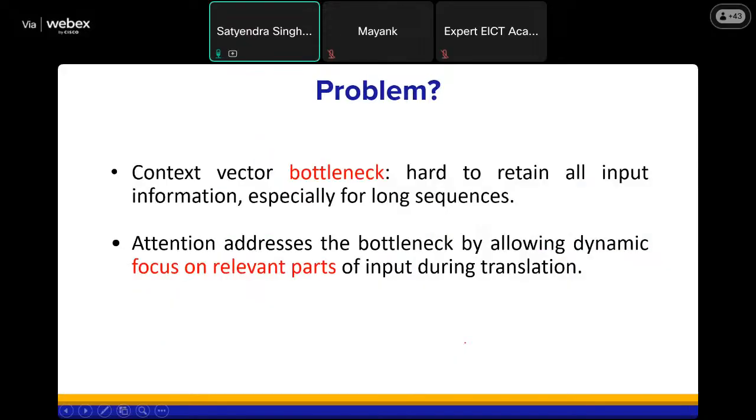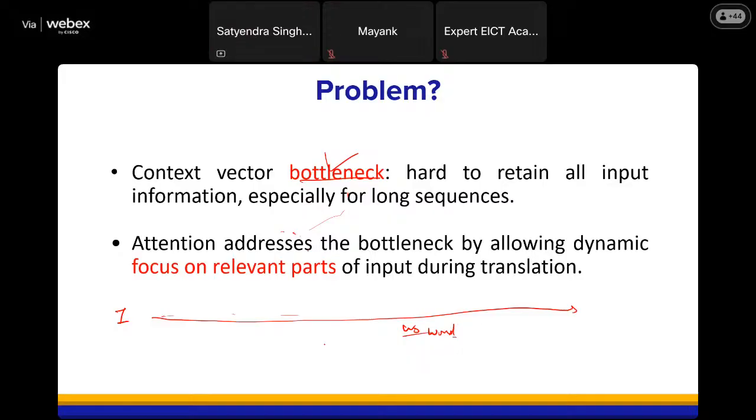What are those problems? One is the context vector bottleneck. Let's say there is a long sentence which consists of, let's say, 50 words. If this input sentence is given to the RNN unit, the last context vector that you get has the information from all the words.